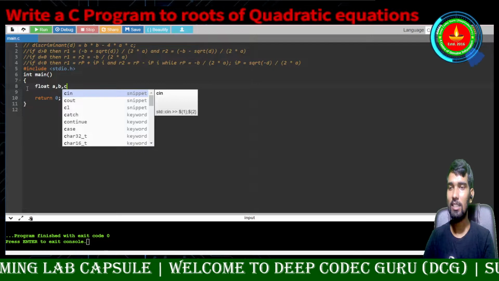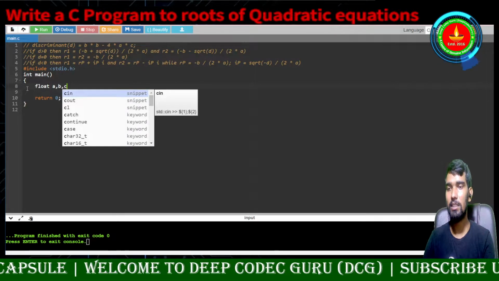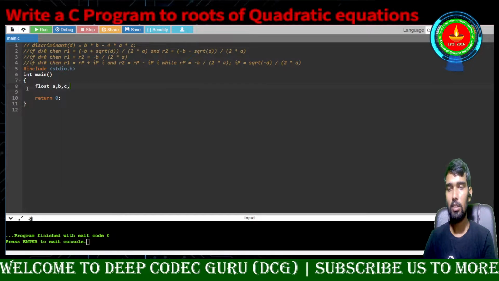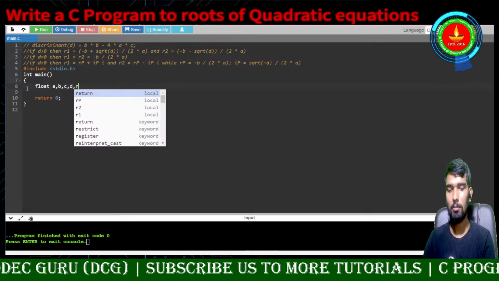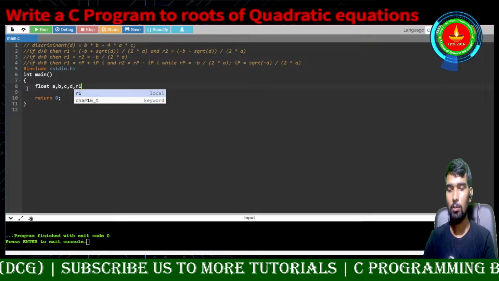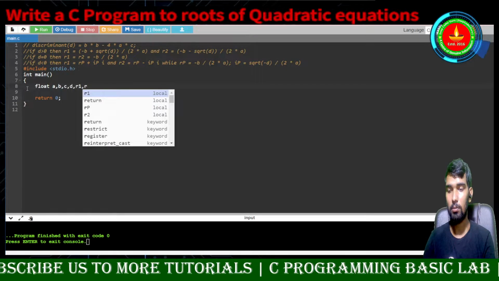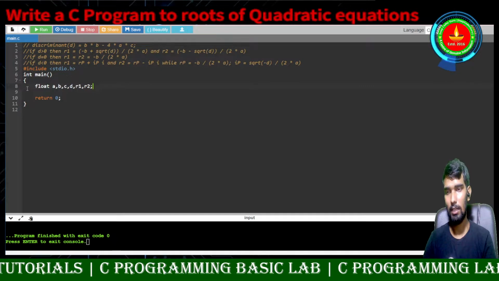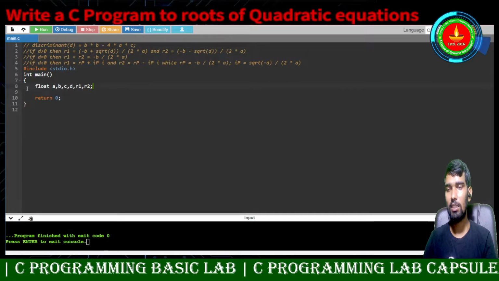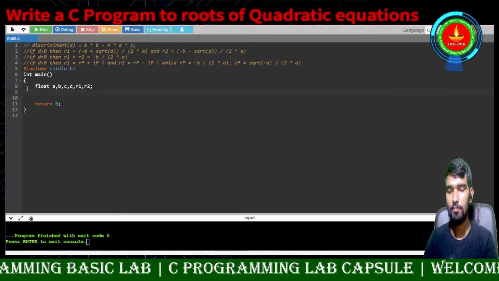I am writing in the same format so it will be easier for you. For the determinant we use d, for root 1 we use r1, and for root 2 we use r2. So I am doing the declaration. You can do it either way. You can write any names, like radius 1, radius 2.